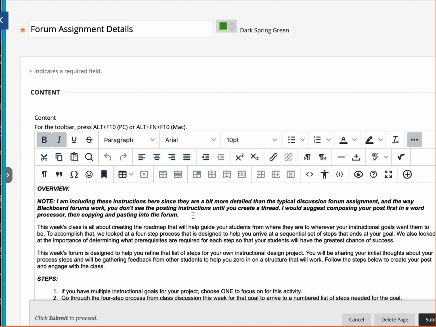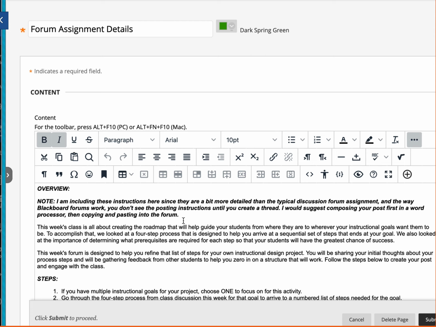The reason I put it on a separate page, and I may just be missing something in Blackboard, is that one of the things I've learned about forums is that when I put in all the instructions for a forum, the students don't see those instructions unless you create a thread. I would think that when you open the forum, the instructions would be there, but for some reason, Blackboard keeps the instructions hidden until you are actually composing a thread.